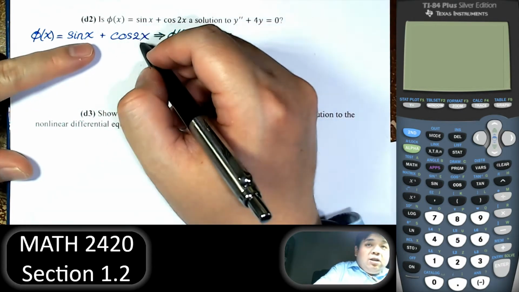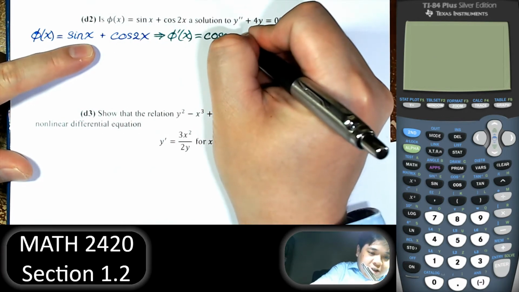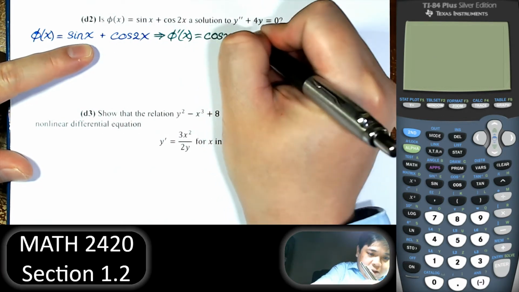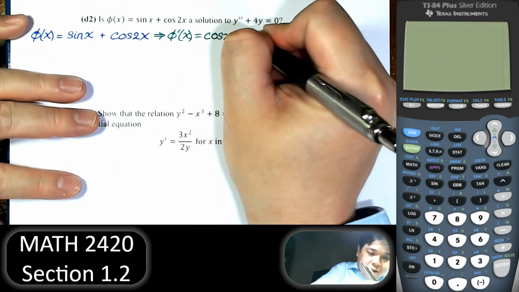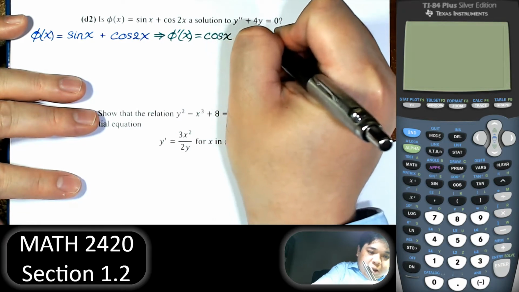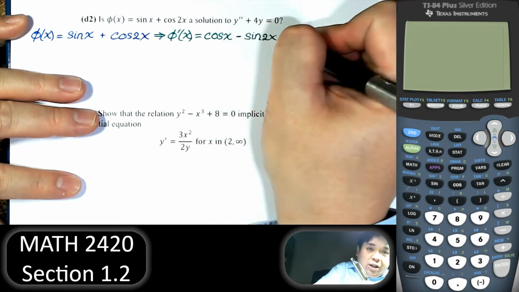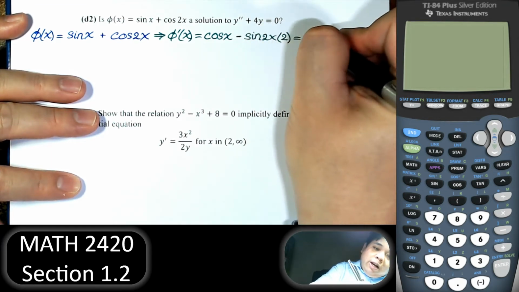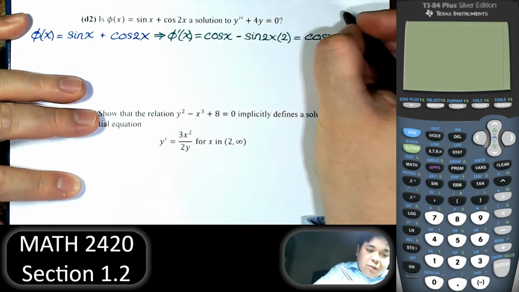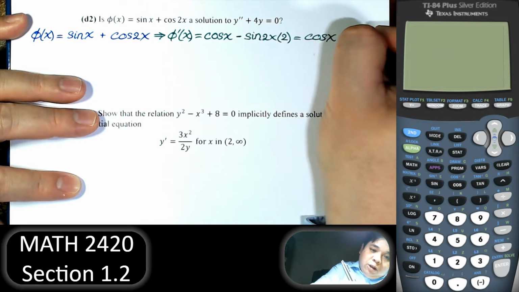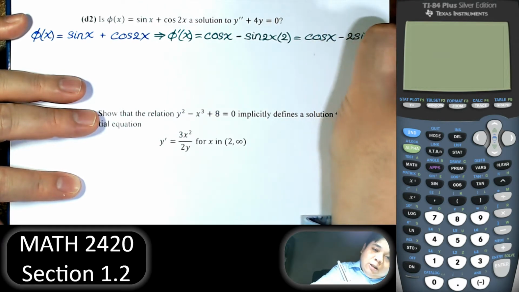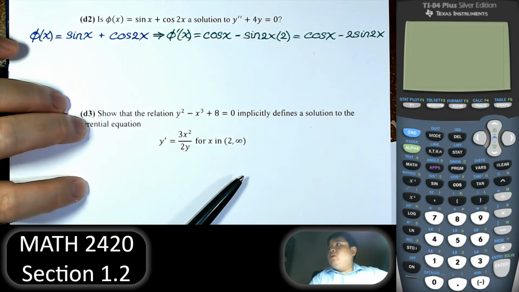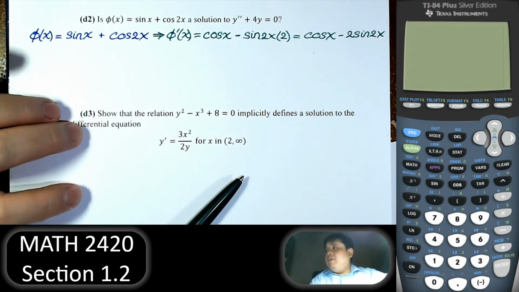The derivative of cosine is negative sine, and then the derivative of the 2x, which is 2. So we have cosine of x minus 2 sine of 2x. So that is the derivative.